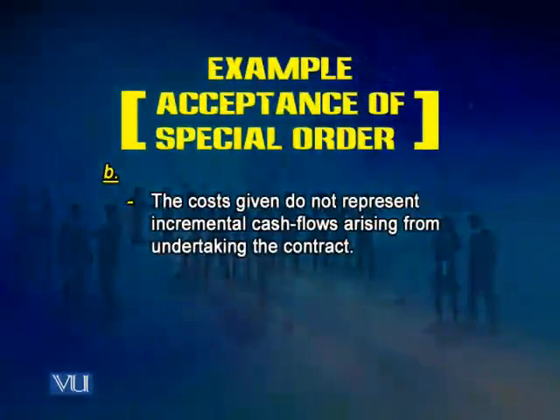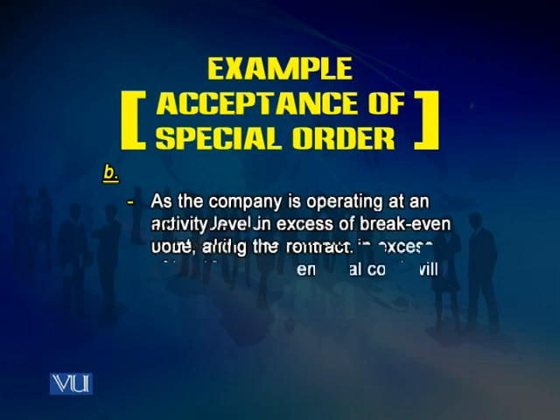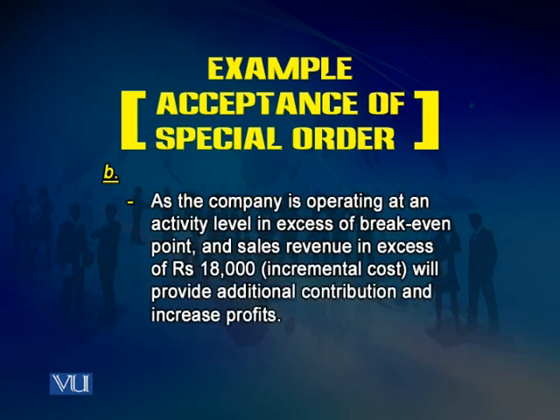Looking at part B, the costs given do not represent incremental cash flows arising from undertaking the contract. These are the cost of 32,000, which was given by the production manager. As the company is operating at an activity level in excess of break-even point and sales revenue in excess of 18,000, incremental cost will provide additional contribution and increase profits.